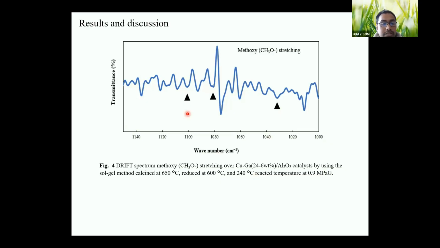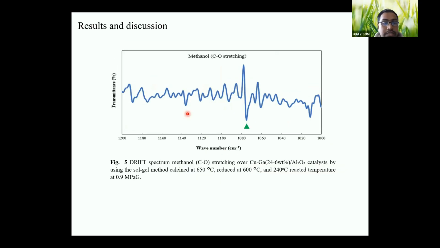After that, in these slides, I show the methanol stretching. The calcination temperature is 650 degrees, reduced at 600 degrees, and the reaction temperature is 240 degrees. In this figure, the DRIFT spectrum of the methanol CO stretching shows a strong absorption band of carbon-hydrogen stretching vibrations.